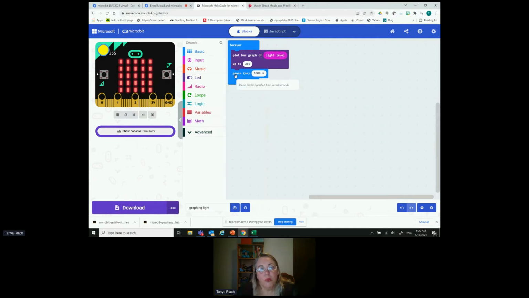So the pauses would allow the battery pack to last a bit longer, because we weren't sure how long the batteries were going to last, and we weren't sure, depending on the temperature and the places that the students were putting the bread, how long it would take for the experiment to actually occur.